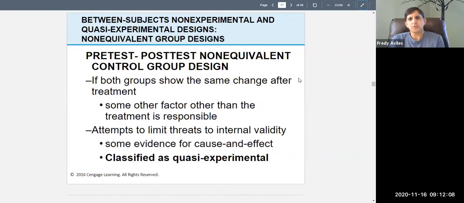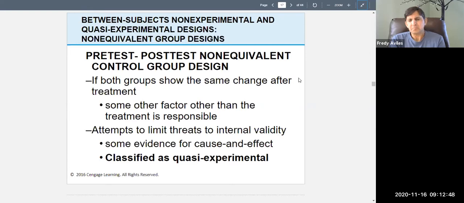More about this pre-test, post-test, non-equivalent control group design. If both groups show the same change after treatment, that means some other factor, something else other than the treatment, is responsible. So if your groups had the same level of depression before treatment, and then one went through treatment and one did not, and afterward they're still the same, let's say they're both lower but they're the same, that means it wasn't the treatment, because if it was the treatment, then the group that got it should have an average lower depression.